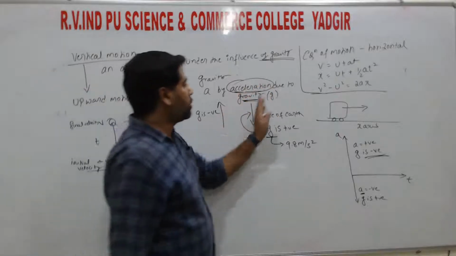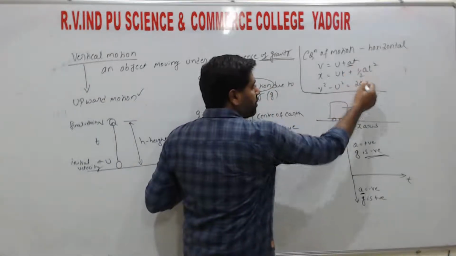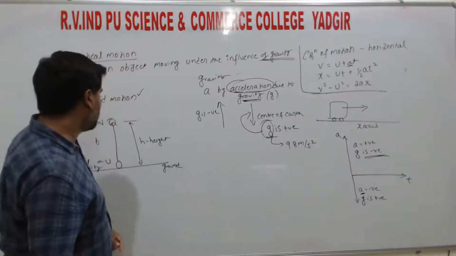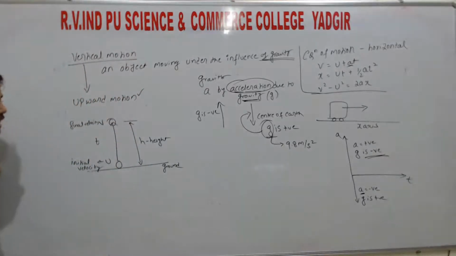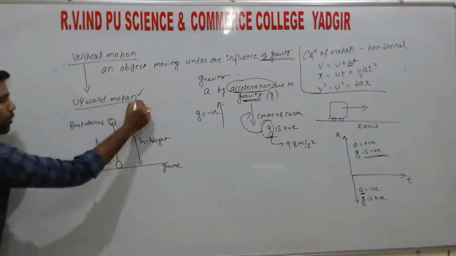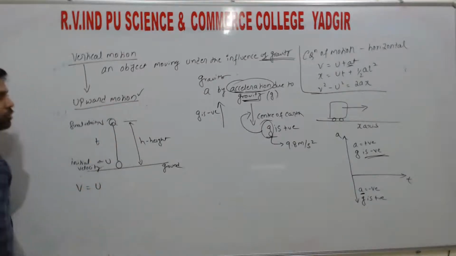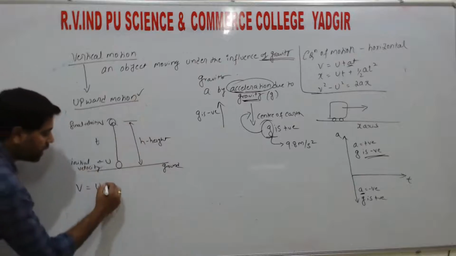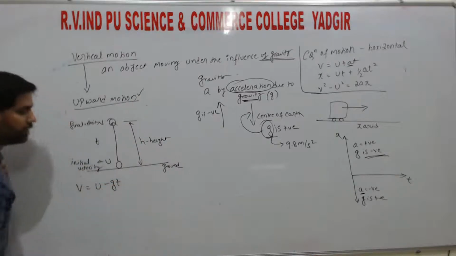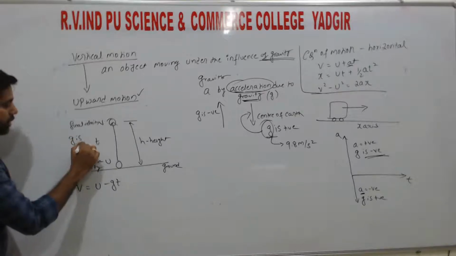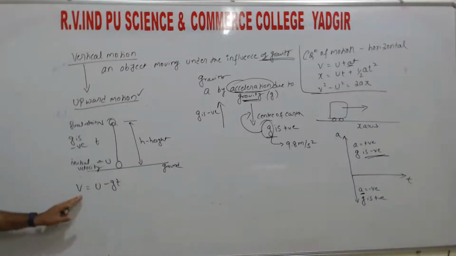Now we need to replace a with the term g. If we write the equations of motion for the upward motion, then v is equal to u, and in place of a we write minus g, because for upward motion g is negative. So v equals u minus gt.